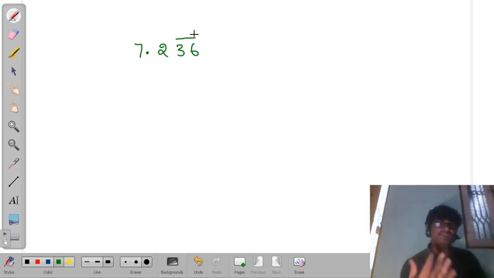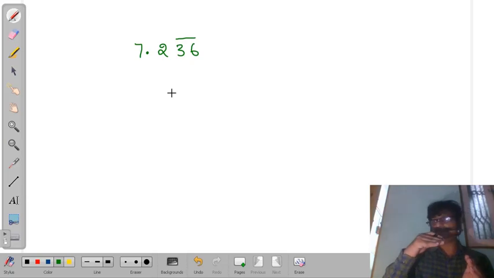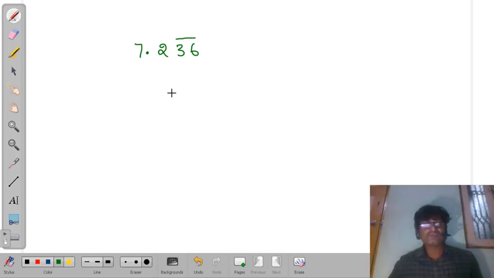Now how to convert this in shortcut form? First, as usual, you take the complete number, ignoring the decimal point and bar, all those things. So what will that number be?